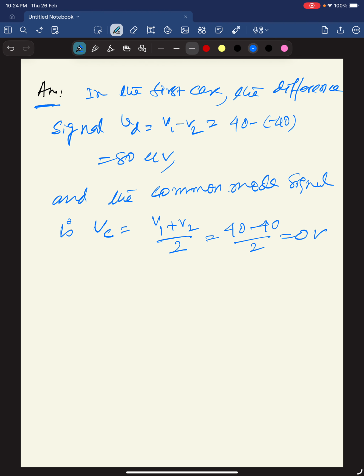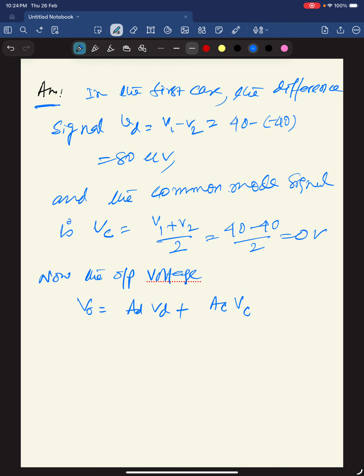Now the output voltage. What is the formula? Output voltage V0 is equal to AD into VD plus AC into VC.